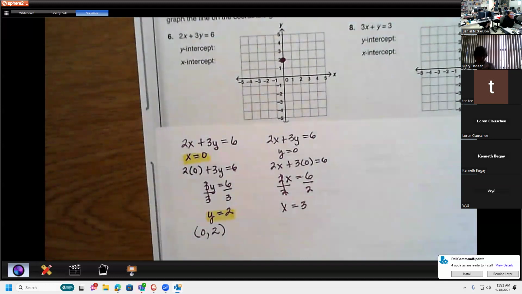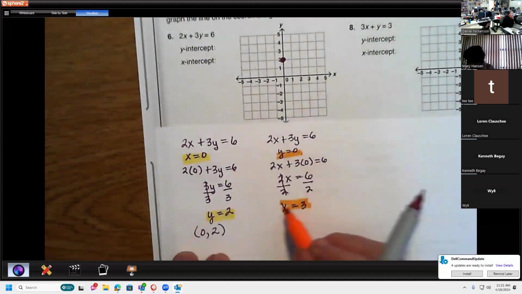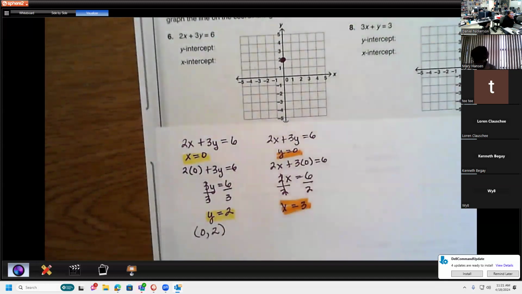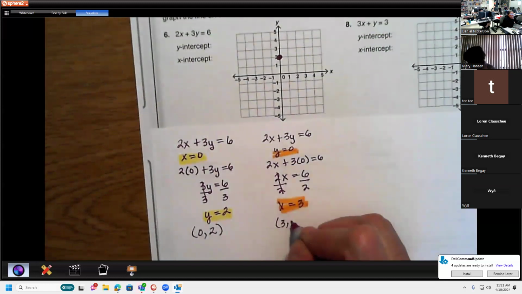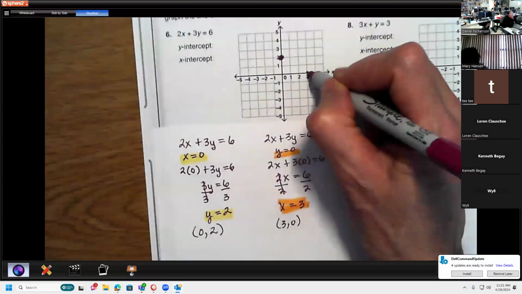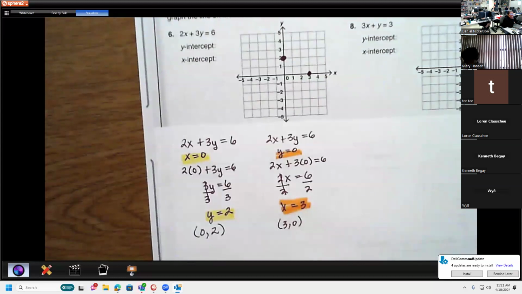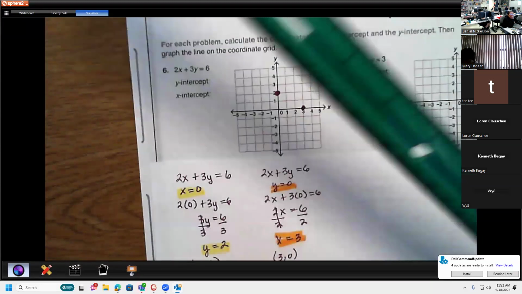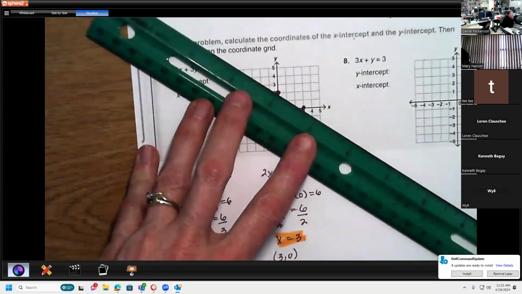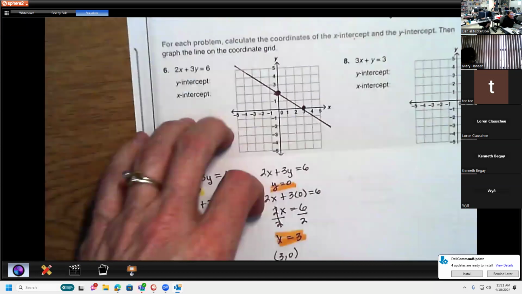So my second point says when x is 3, y has to be 0. And so to graph that point, it says I start at the origin and I go to the right 3 and up 0. And my line looks like this.